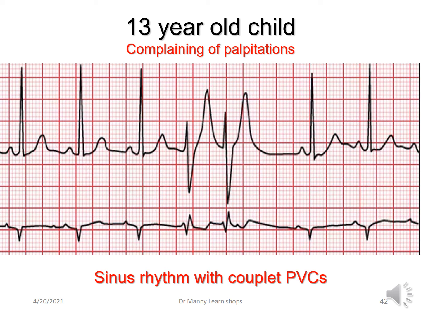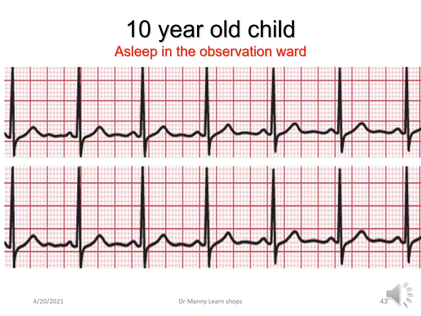Couplet PVCs. Then you've got a 10-year-old child asleep in the observation ward. They're asleep. What's the rhythm? The rhythm is just sinus rhythm. Normal. Normal sinus rhythm, I may as well say it here.